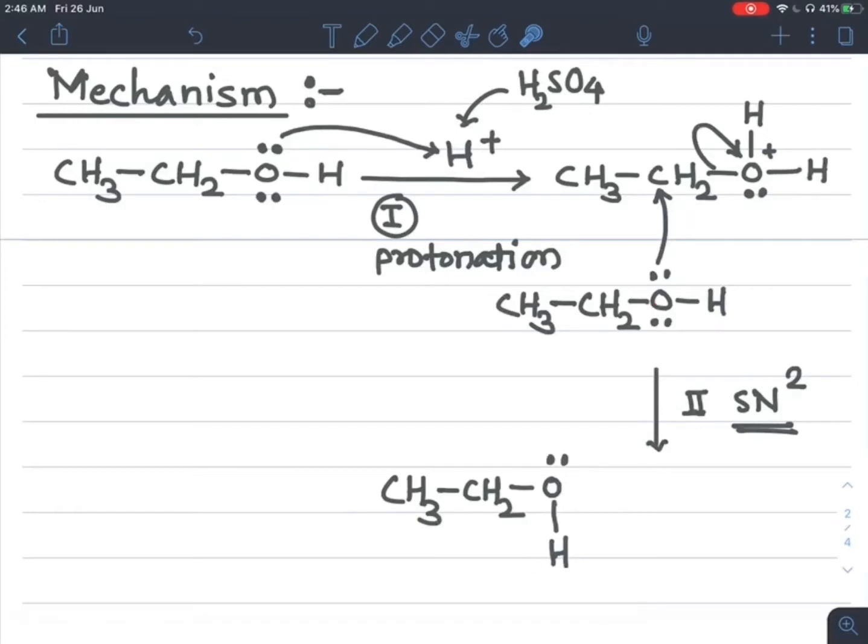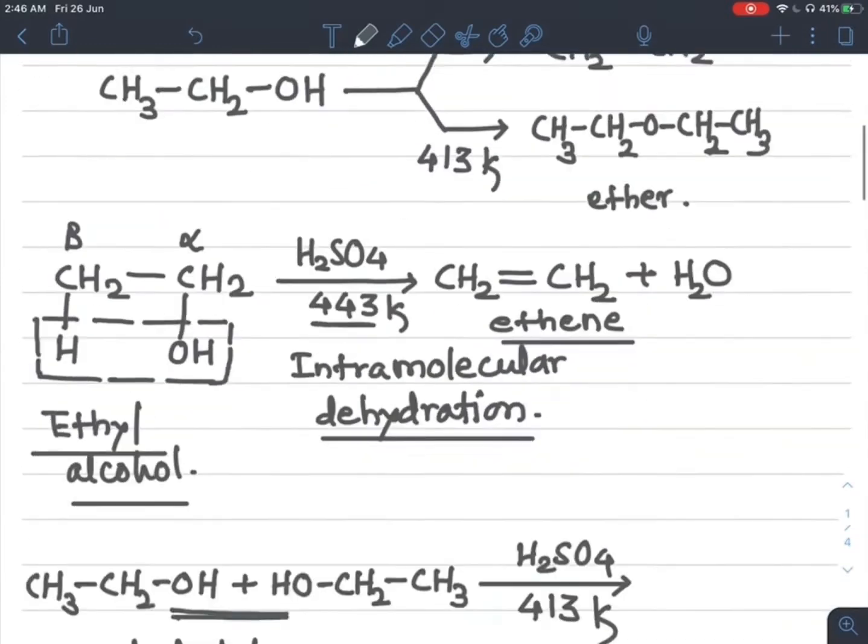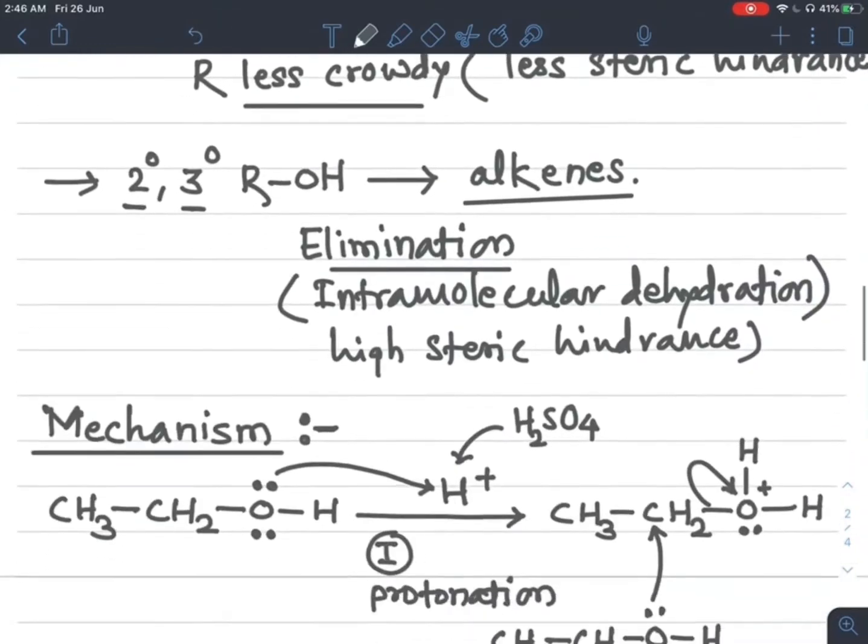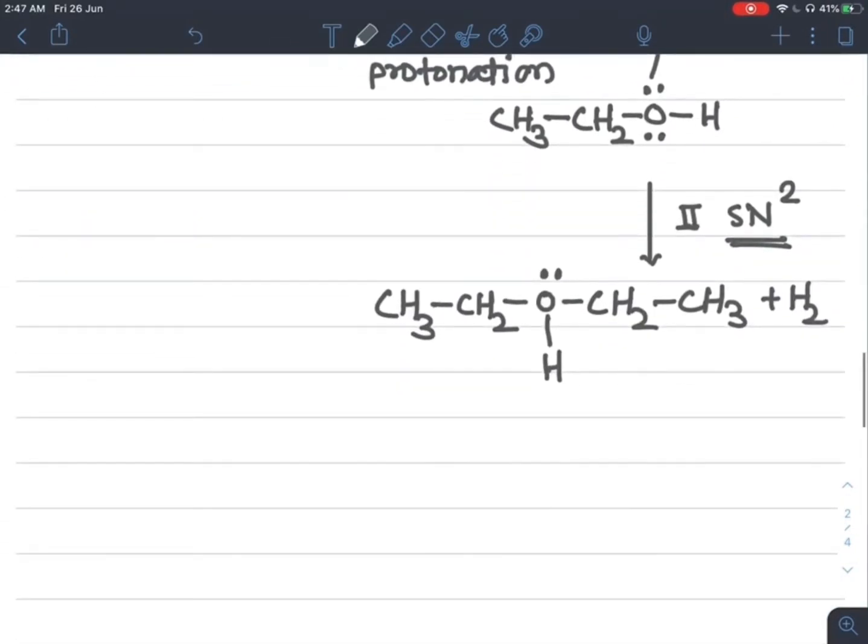On this oxygen, this carbon attacks from the back side, and we get CH2CH3 with removal of H2O. So I can write H2O on the arrow instead of writing it here, that is, minus H2O.